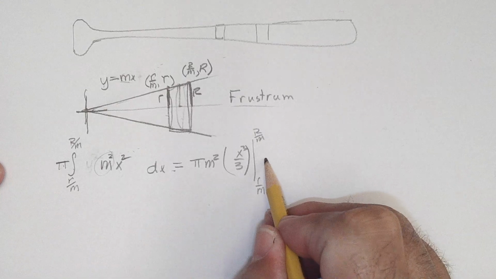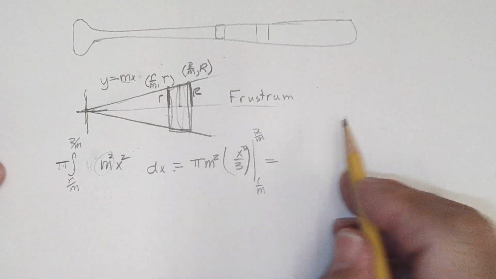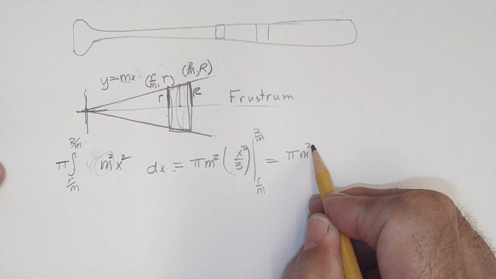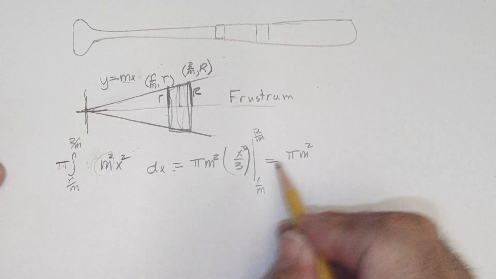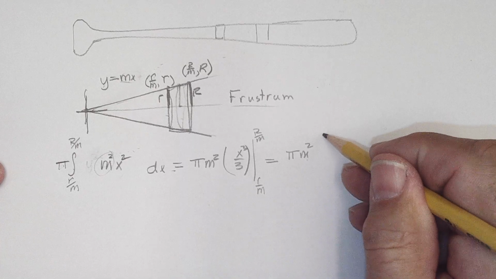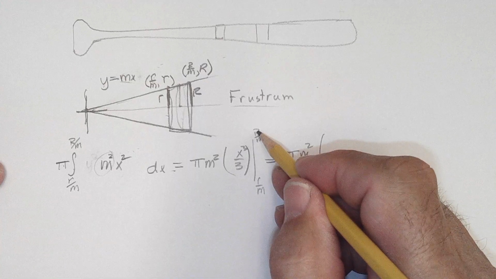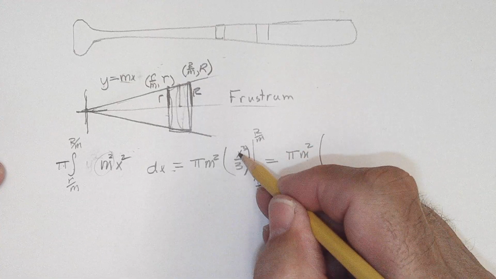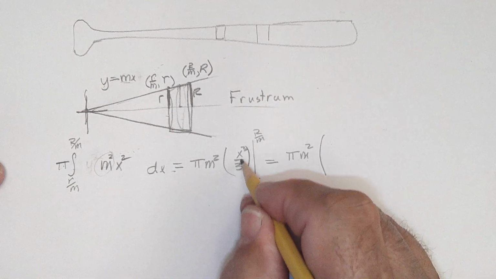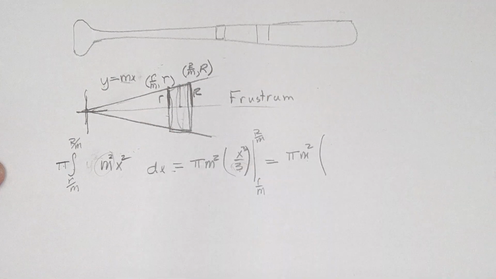And if I do that, I get pi m squared times big R over m cubed. See, there's a 3 in the denominator here.